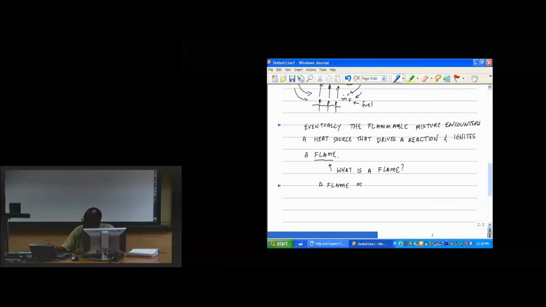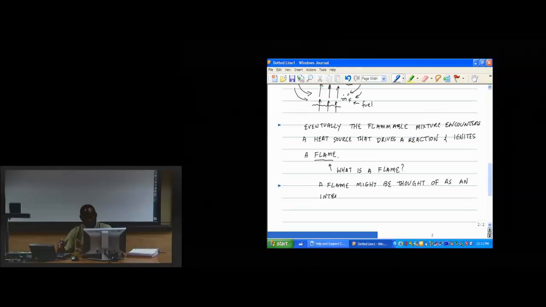And there are different types of flames. But the initial flame that we will likely see in any kind of ignition process is something called, again, a premixed flame. So when we talked about this flame, we talked about fuel and air intimately mixed prior to seeing a heat source.